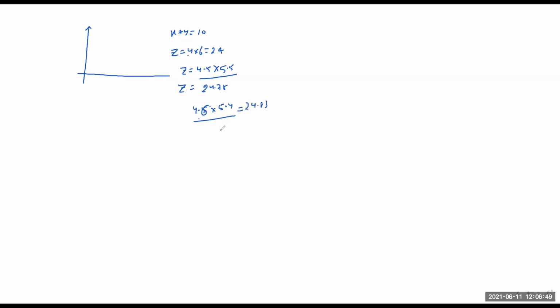What you can see is that if you try to move closer to the value of 5, if I make it 4.9 into 5.1, now tell me the value. 24.99. Correct. If I tell you 4.999 into 5.001, 24.99999. Correct.